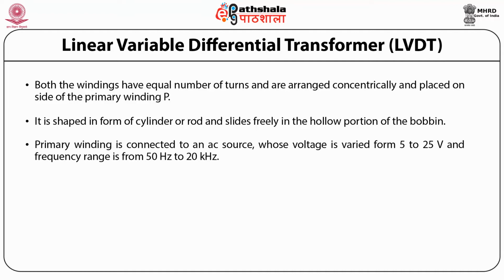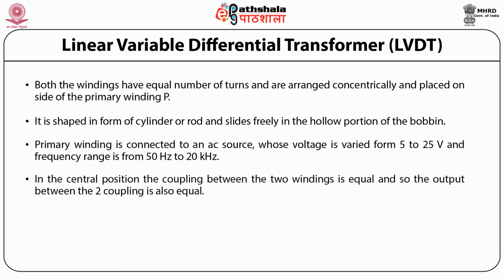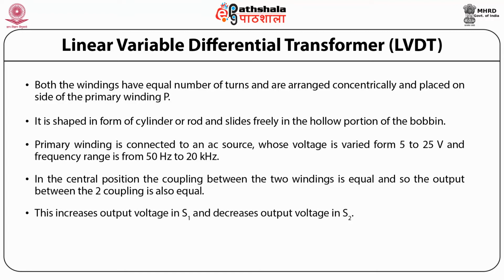When the core moves in the bobbin, it varies the coupling between the primary and secondary windings. In the central position, the coupling between the two windings is equal, and so the output is also equal. As the core moves towards the left of the central position, the magnetic linkage with S1 increases and with the secondary winding S2 decreases. This increases the output voltage in S1 and decreases the output voltage in S2.